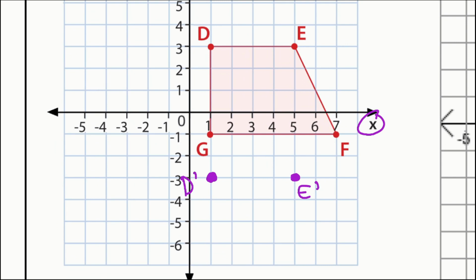G and F are already below the x-axis, so when they are reflected, they're going to end up above the x-axis. So it looks like G is 1 below, so G prime should be 1 above the x-axis. Same with F. It is 1 below, so it should be 1 above the x-axis.